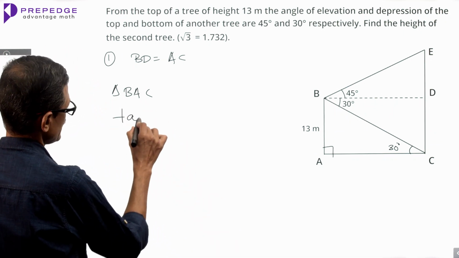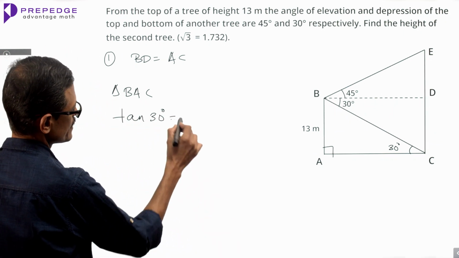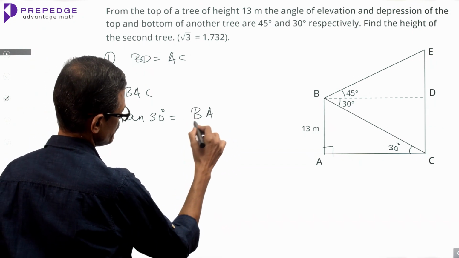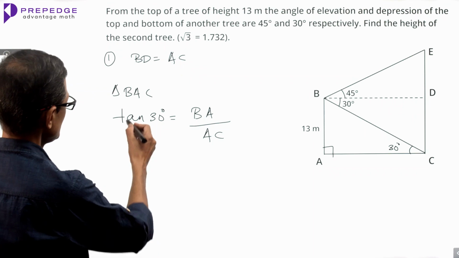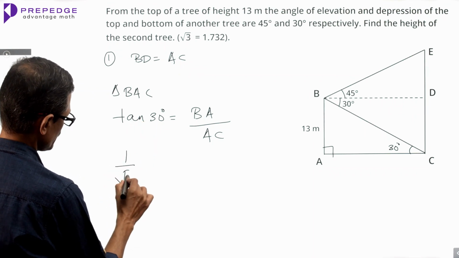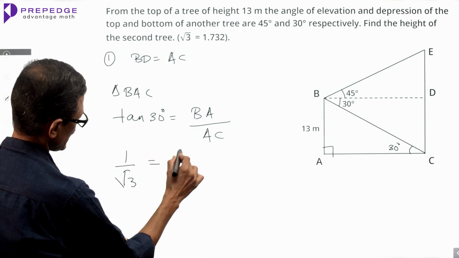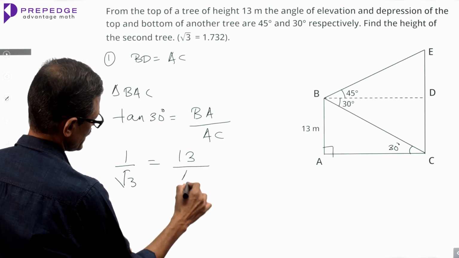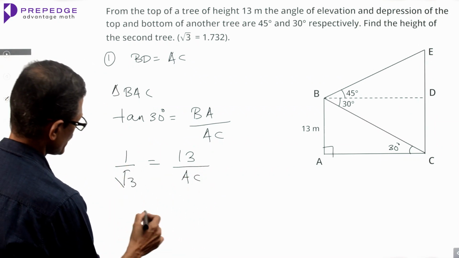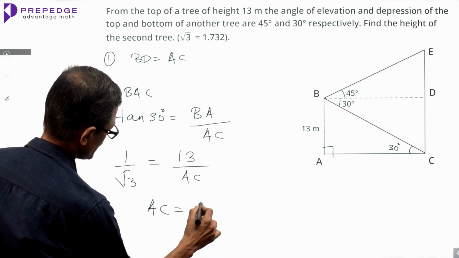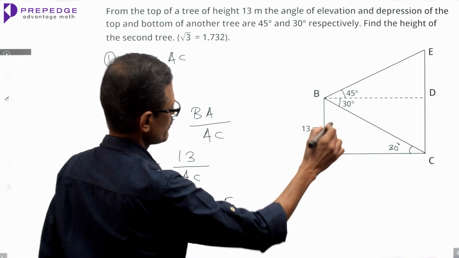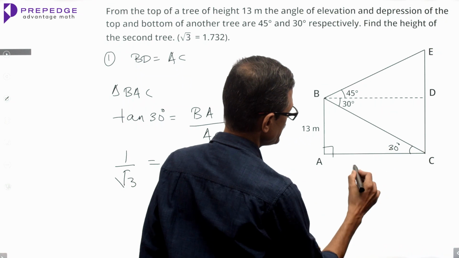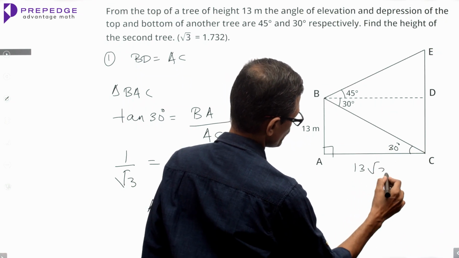Tan of 30 degrees is equal to the opposite side BA divided by the adjacent side AC. Tan 30 is 1 by root 3. BA is equal to the height of the first tree, 13 meters, divided by AC. Cross multiplying, we get the value of AC to be equal to 13 root 3. So in step 1 we found AC and BD, which is equal to 13 root 3.